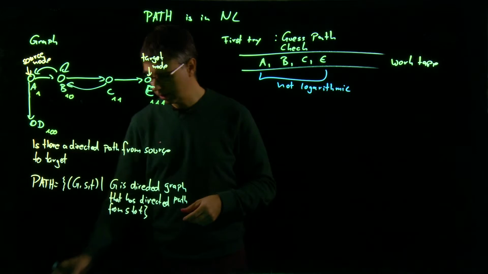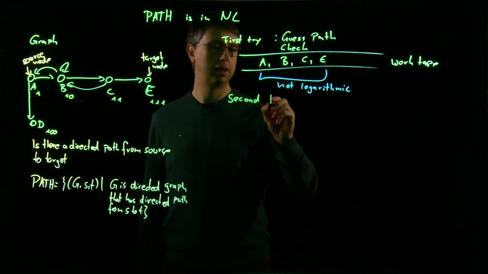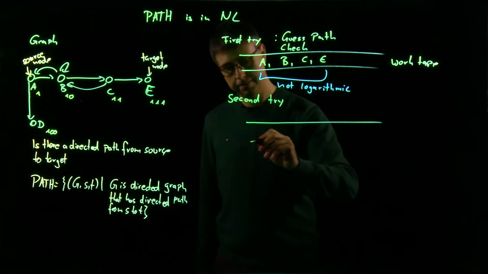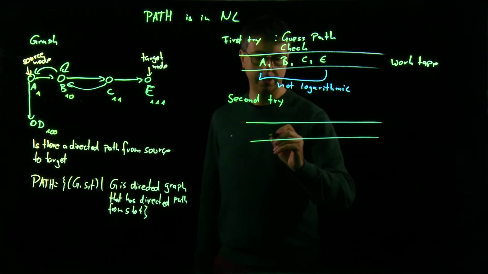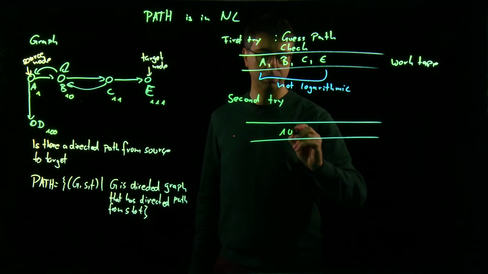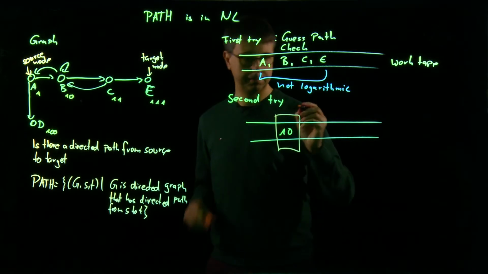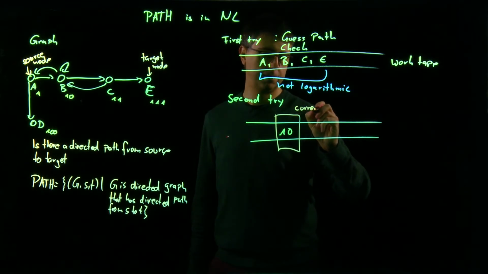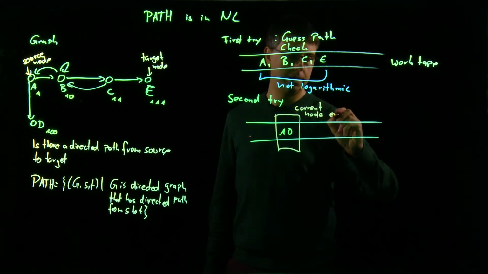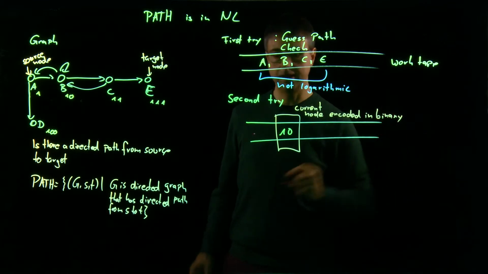For the second try, we encode the current node on the tape. Let's say we start with 1, and from 1 we go to, let's say, 10. We have the current node on the tape, coded in binary. So it's the number of the node.